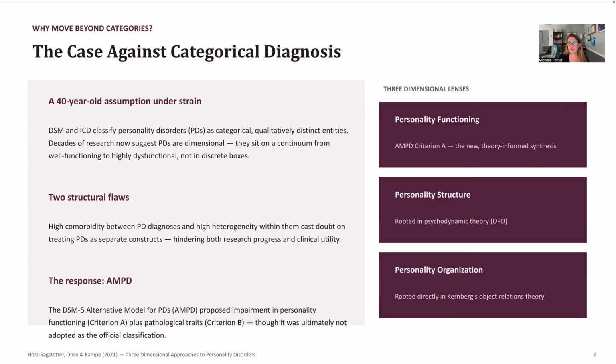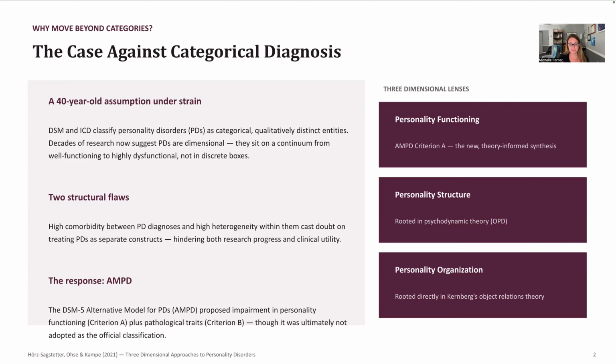Now, there are two structural flaws of categorical diagnosis. The first is that there's very high comorbidity between personality diagnoses. I find this in my own work. I find it difficult when I see someone who checks off the boxes for one disorder, and then as I'm working with them, I'm uncovering things from another personality disorder.